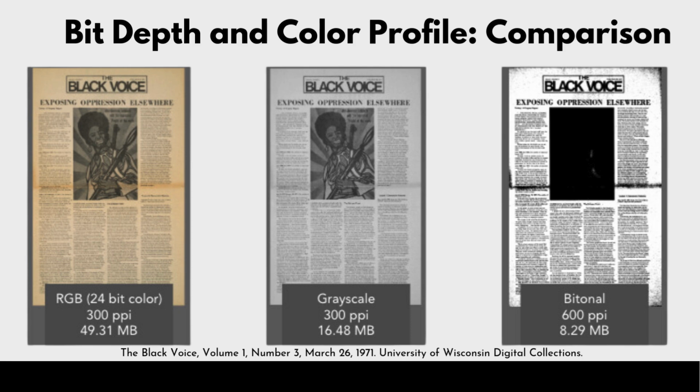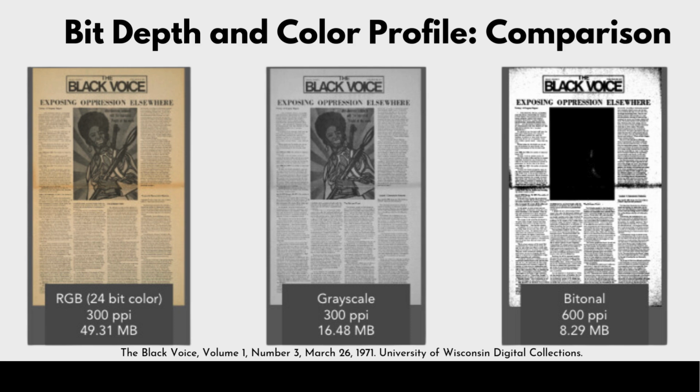So just like with resolution, what you choose is going to depend on what your project is and what level of quality you need compared to the level of digital storage space that you want to take up. In this example from the University of Wisconsin Digital Collections, you can see that the most authentic rendering is coming from the 24-bit color at 300 ppi over here on the left side.